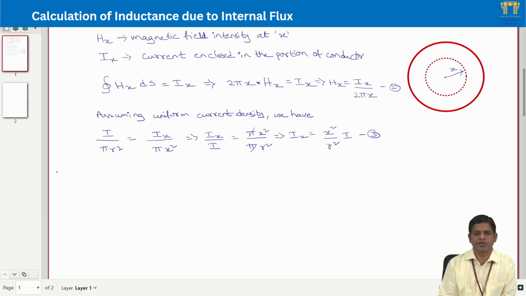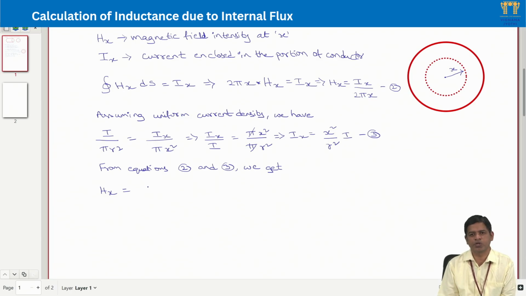Now, substituting equation 3 in equation 2. So, from equations 2 and 3, we get Hx is equal to, now I'll substitute Ix is equal to x square by r square into I in place of Ix in equation 2.